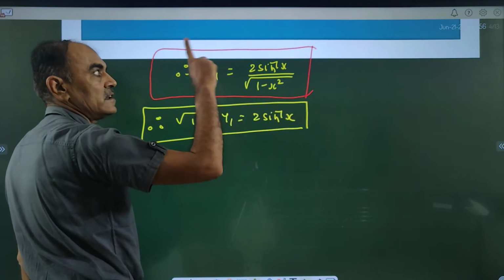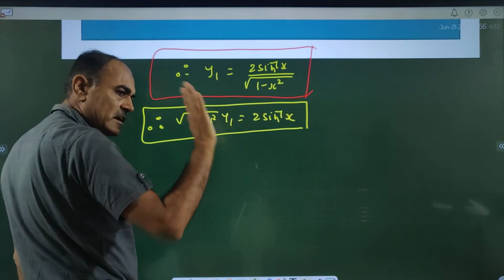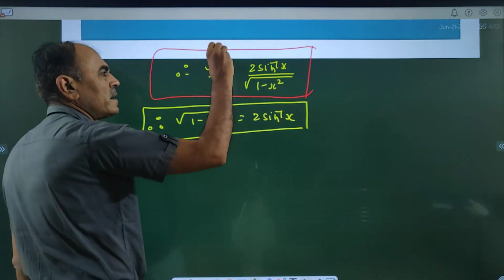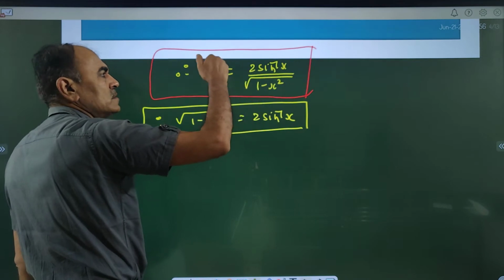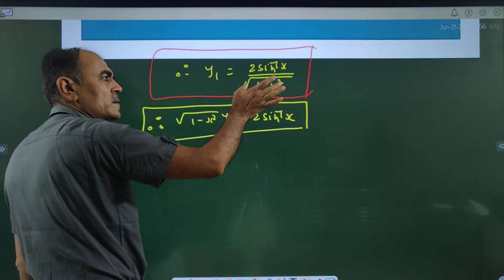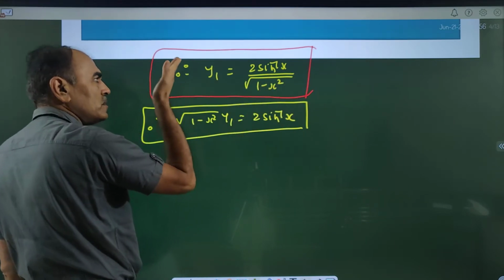Once again, whenever we want the derivative, or second derivative, of inverse trigonometric functions in any form, after obtaining the first derivative, if anything is in the denominator, take it on the left hand side.